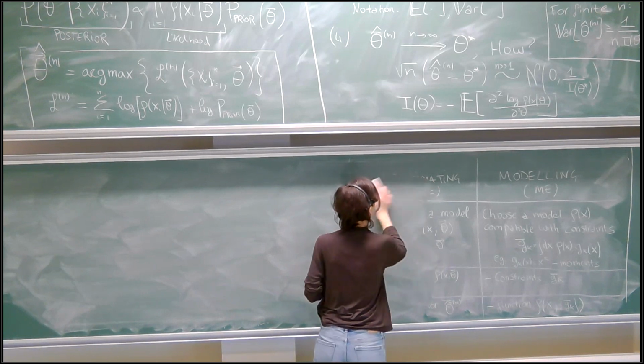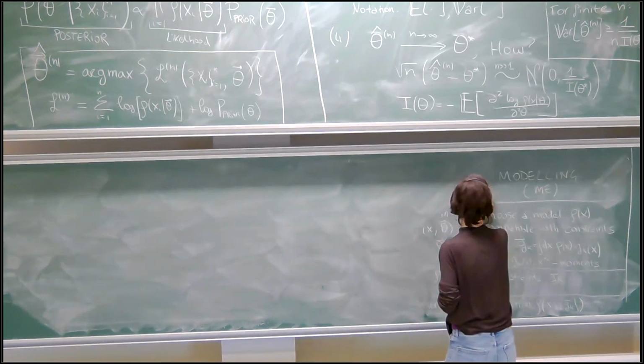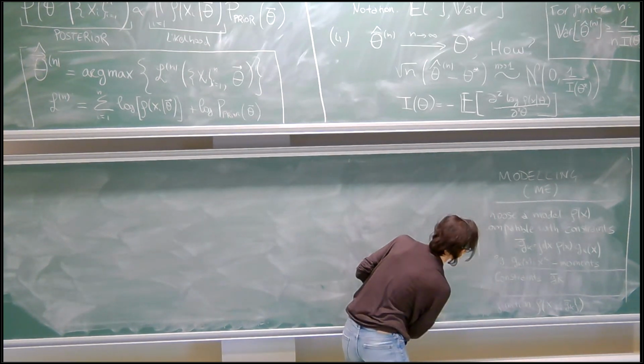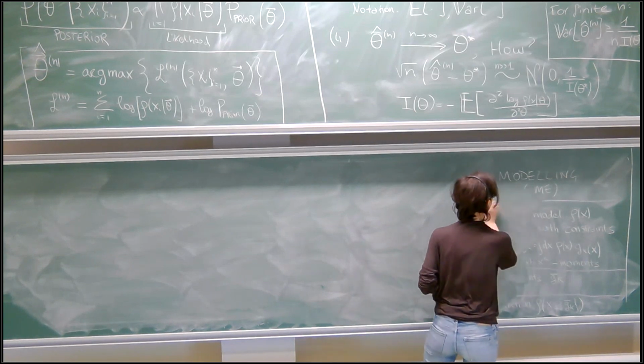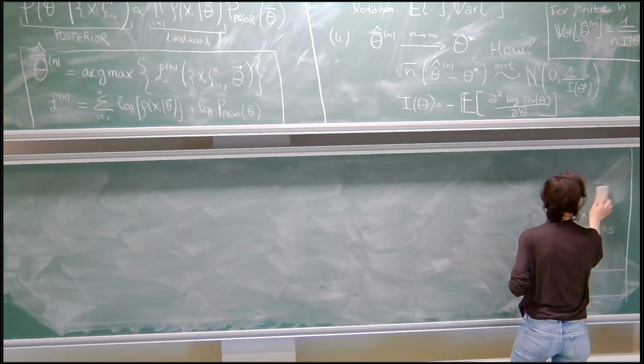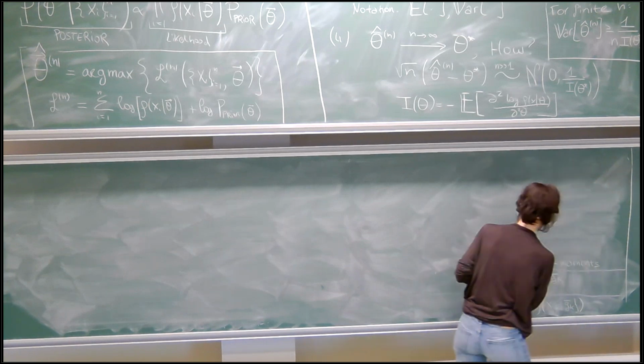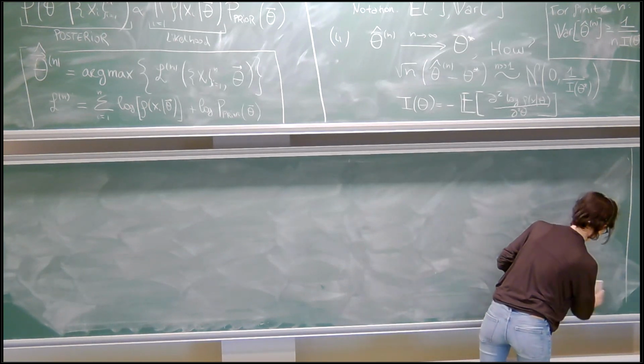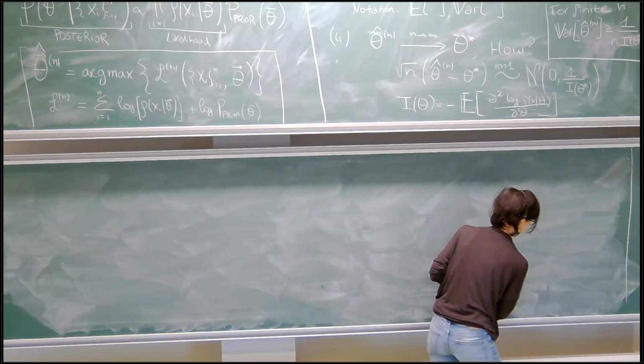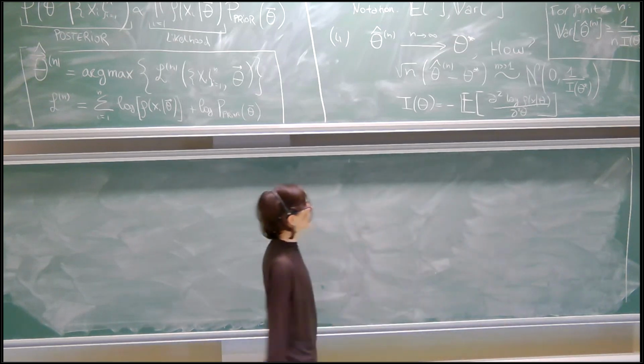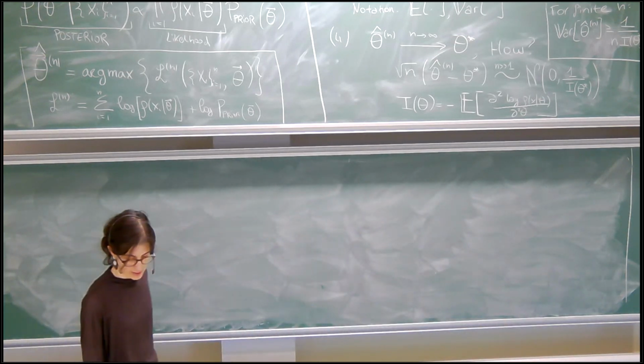Maybe let me add a comment while I erase, which is that I wanted to stress that the framework you have in here is that of an inference problem, because I guess some of you followed courses last semester, for instance the course by Florent Krzakala that was about inference problems.